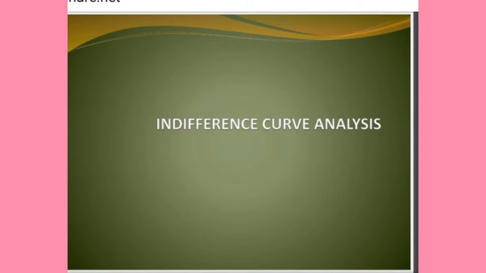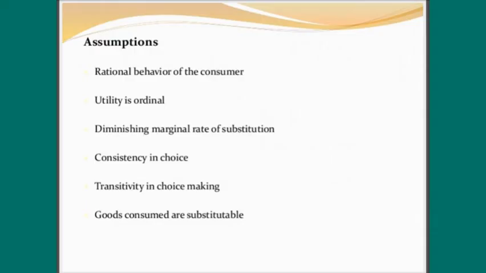So, let me define what an indifference curve is, and first we have to discuss the assumptions for the indifference curve. The first one is that the behavior of the consumer is rational.